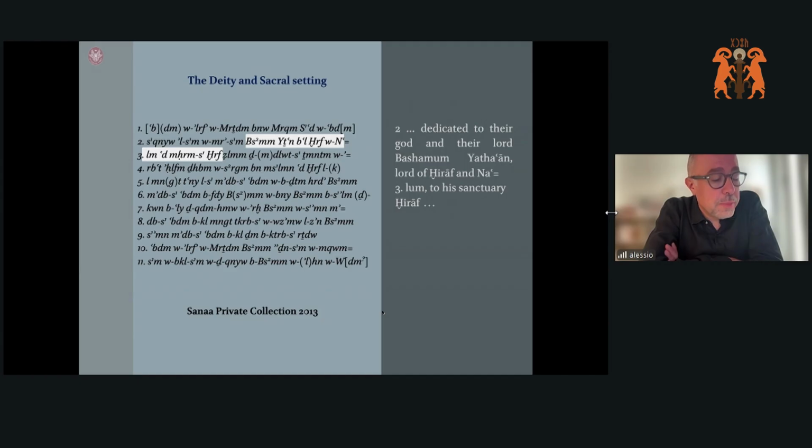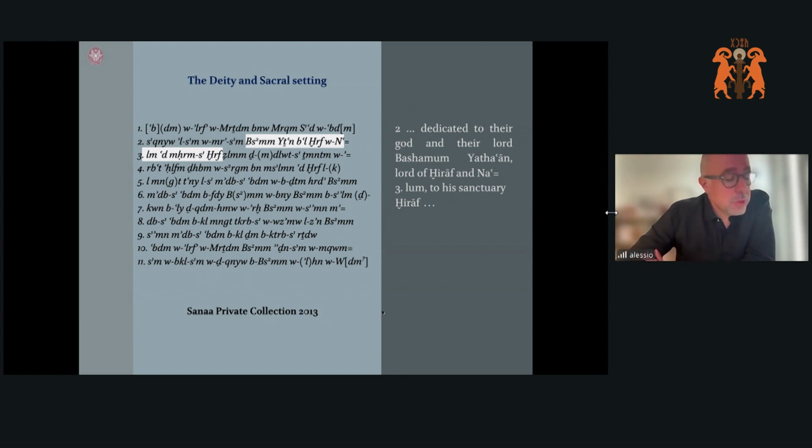The two place names mentioned, Hiraf and Nalum, designate the two temples associated with the cult of Bashamum in several inscriptions from Wadi Marka. The association of these two sanctuaries with the specific manifestation of Bashamum Yathaʿān is confirmed by the earlier text from the museum that I have just mentioned.